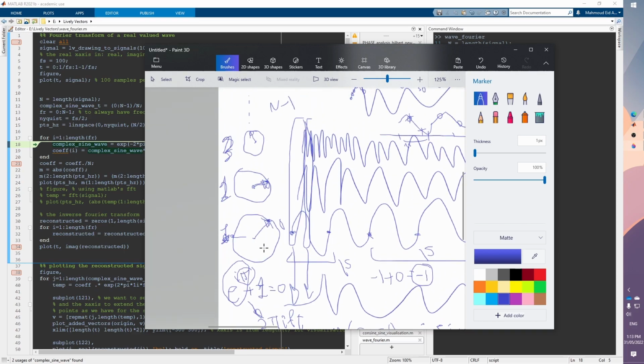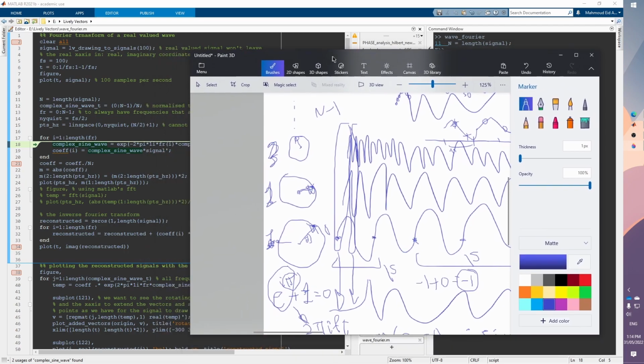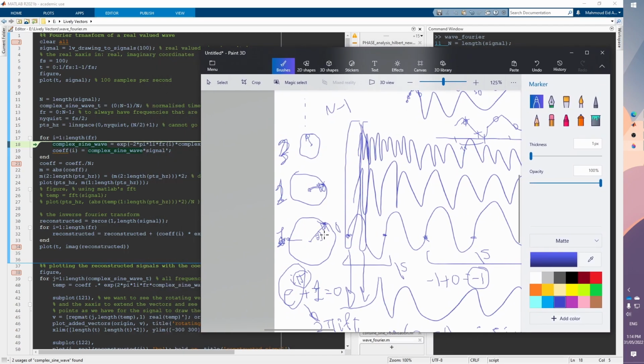Okay, so now we knew that if you have a vector and this vector is rotating inside the unit circle or inside the circle, this vector is making a phase value, let's say theta, okay, and it's moving with this theta value, right? And because we have a frequency, we know that this vector is having an actual angular speed, so it's really rotating and having a specific speed of rotation.